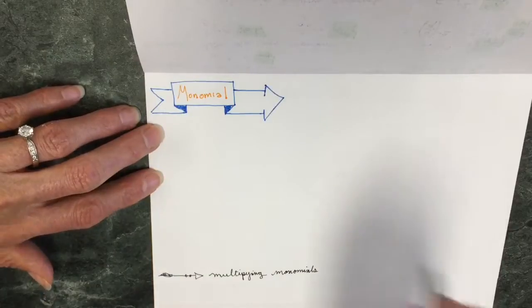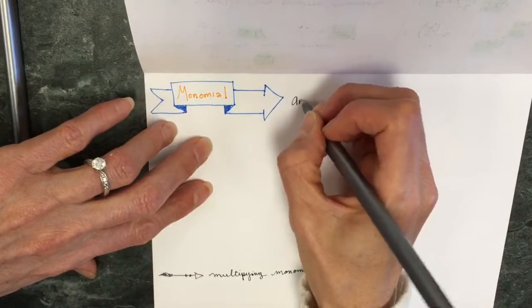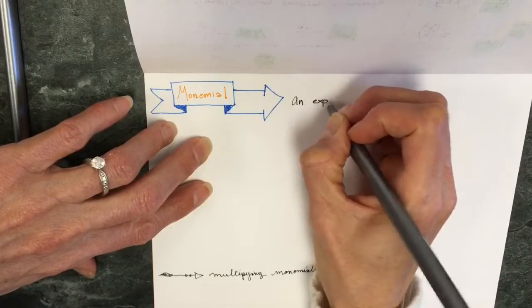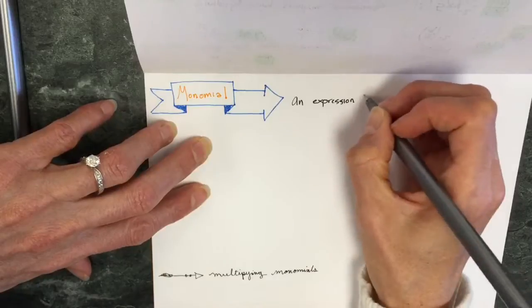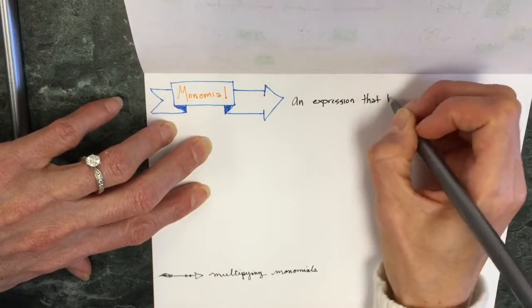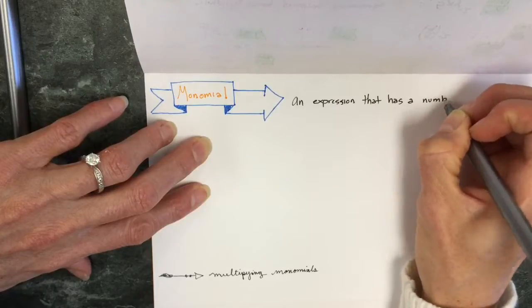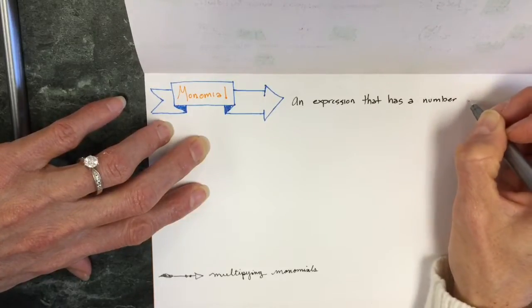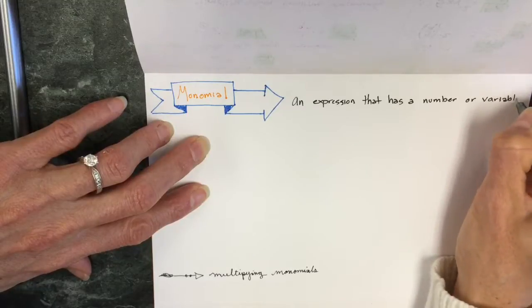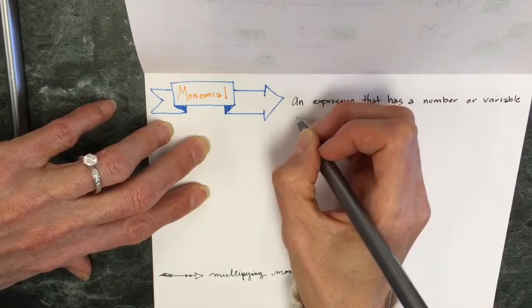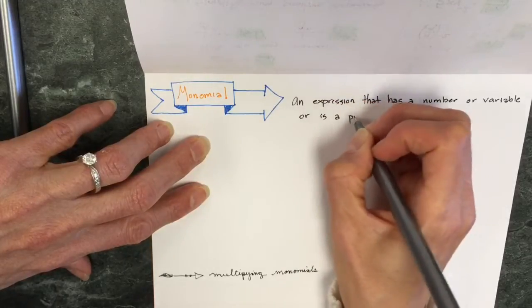A monomial is an expression that has a number or variable or is a product of both.